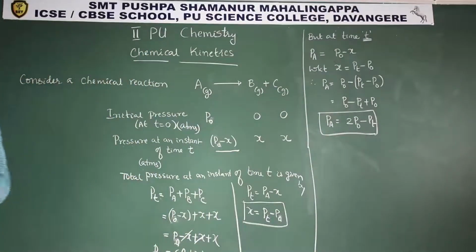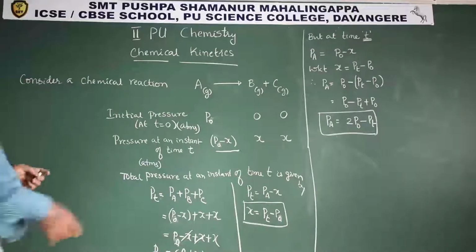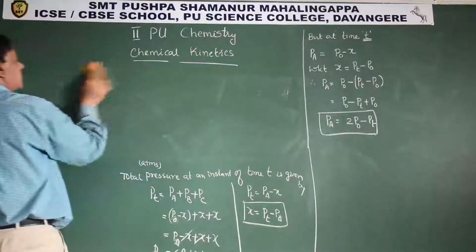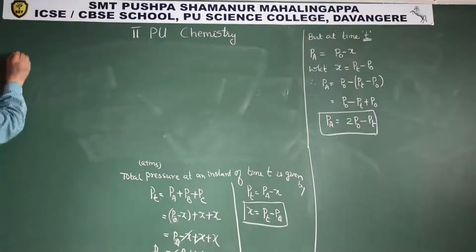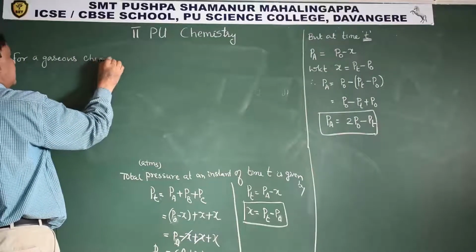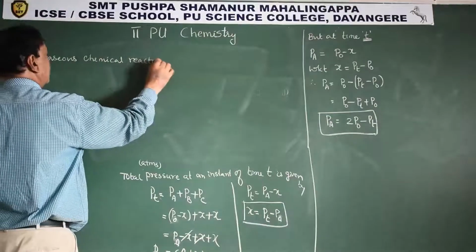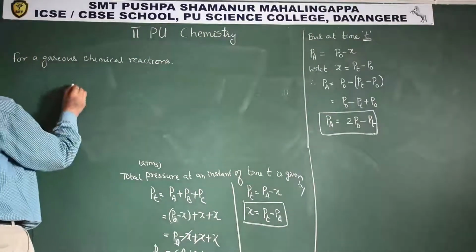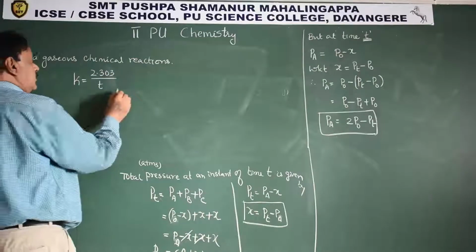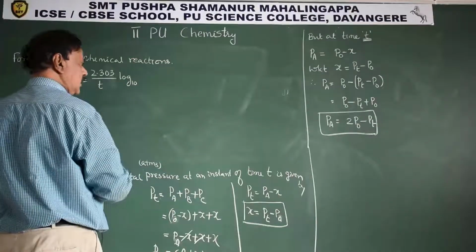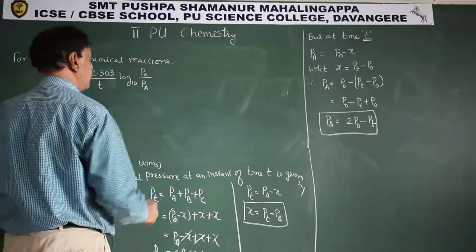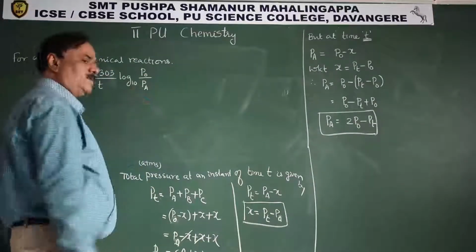For gaseous chemical reactions, k is given by 2.303 divided by t, log base 10 of P naught divided by Pa, where P naught is the initial pressure and Pa is the pressure at an instant of time t.